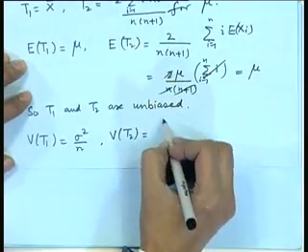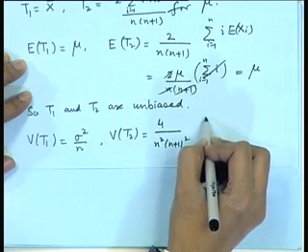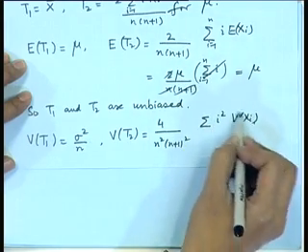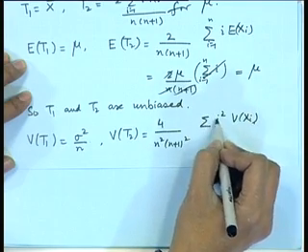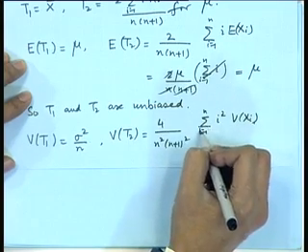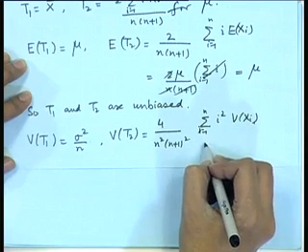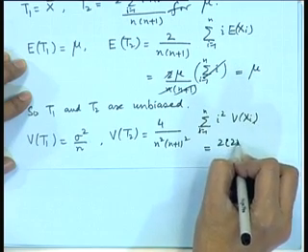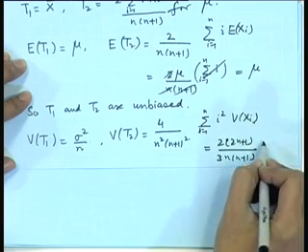Because of the independence, it becomes 4 by n square into (n plus 1) square, sum of i square times the variance of X_i. Now, the variance of X_i is sigma square, and this is the sum of i square from 1 to n, that is the sum of the squares of the first n integers, that is n into (n plus 1) into (2n plus 1) by 6. So, after simplification this quantity turns out to be 2 into (2n plus 1) divided by 3n into (n plus 1) sigma square.